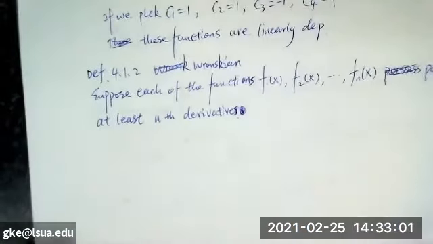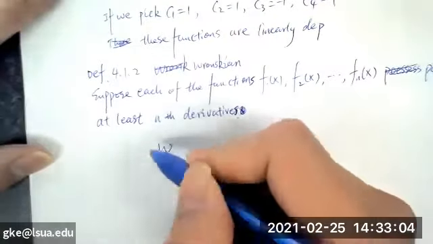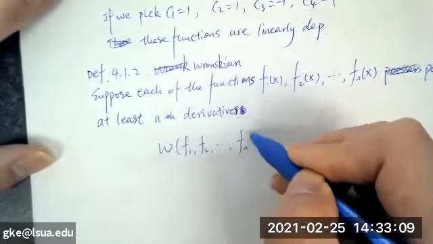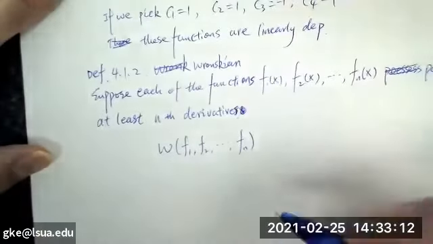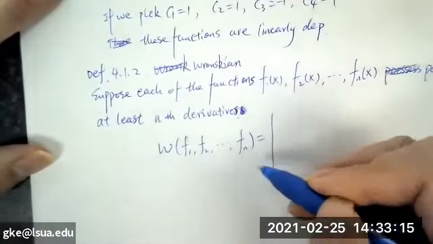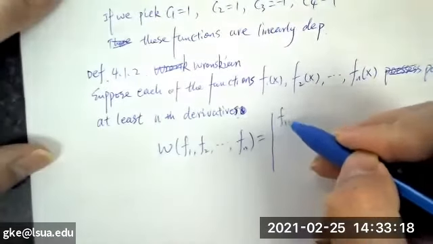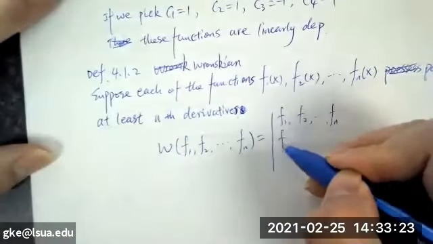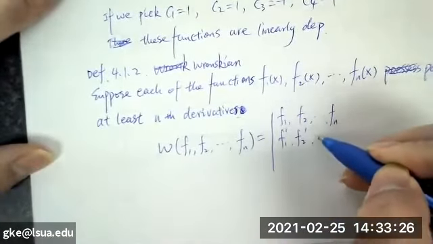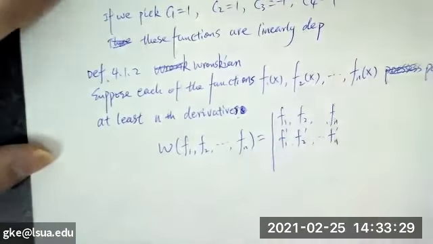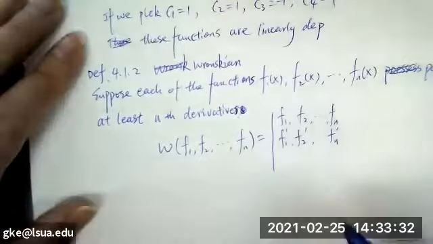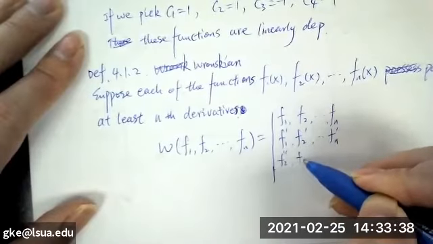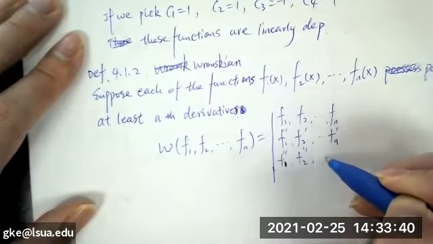We can write down the Wronskian as a determinant. The first row is f1, f2. The second row is f1 prime, f2 prime. And the third row is f1 double prime, f2 double prime.